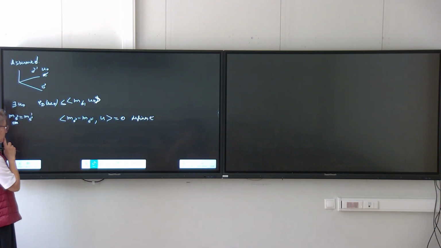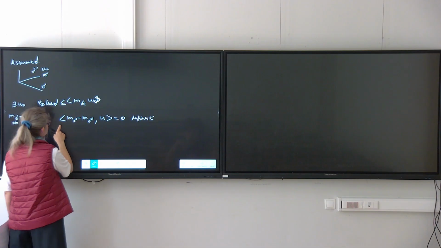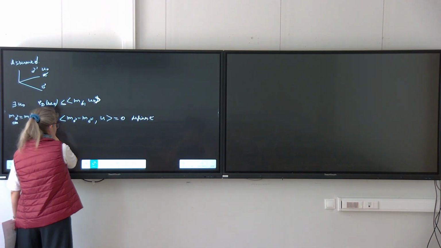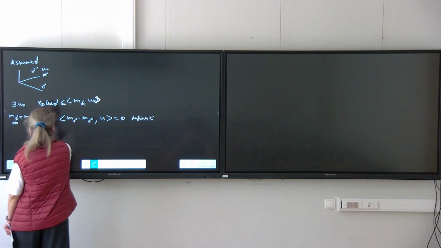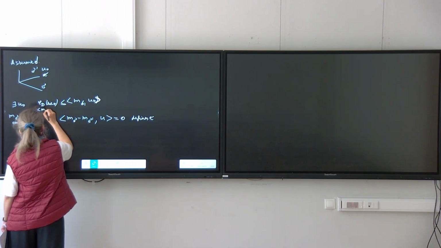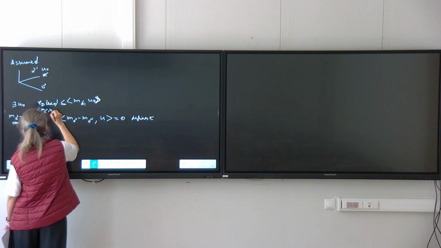So on each sigma prime we have one sign, and on each sigma we have the other sign. Which is the correct one? We know this. So this is m sigma prime u0.